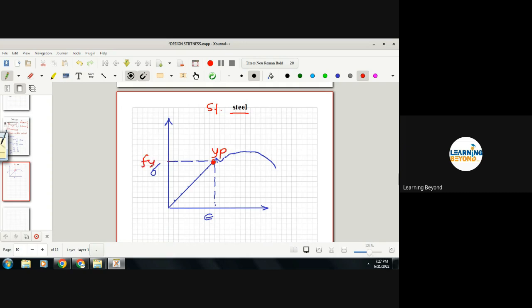Yield stress means the maximum stress till which the stress and strain relationship is linear. So this zone we call the elastic zone.